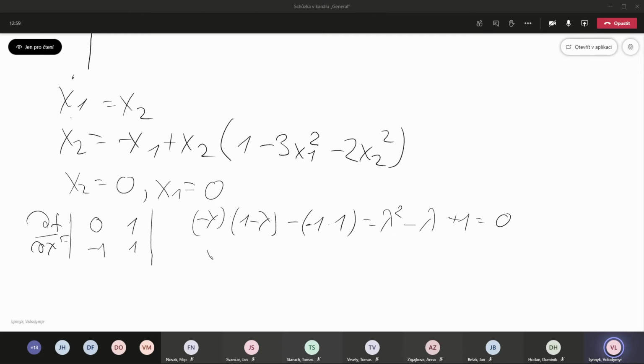The eigenvalues lambda 1, lambda 2 equal to 1 divided by 2 plus minus j something. Any question? Okay, the next.